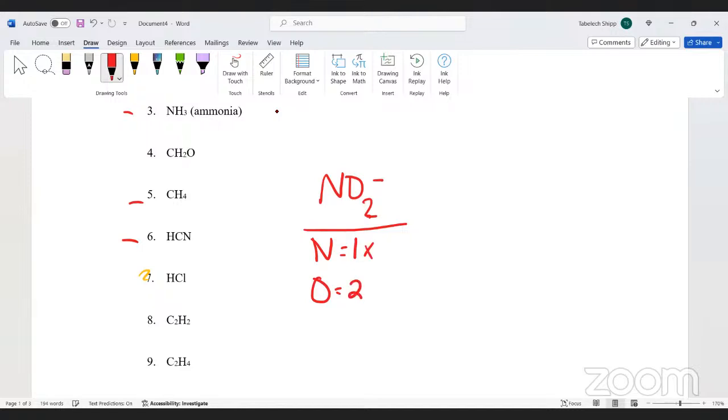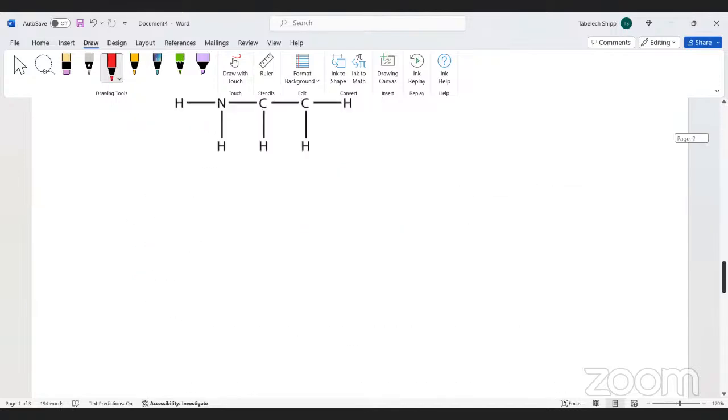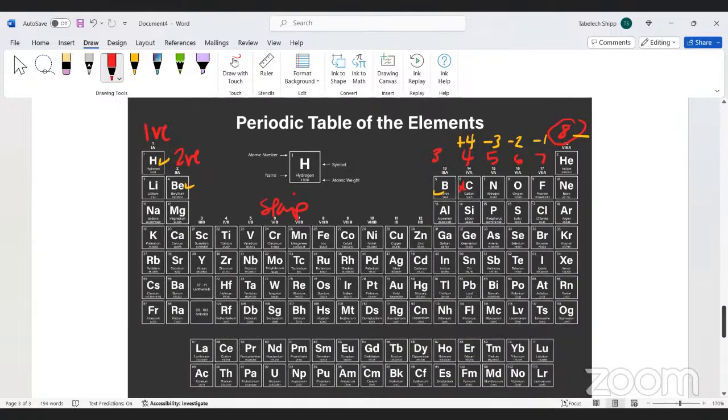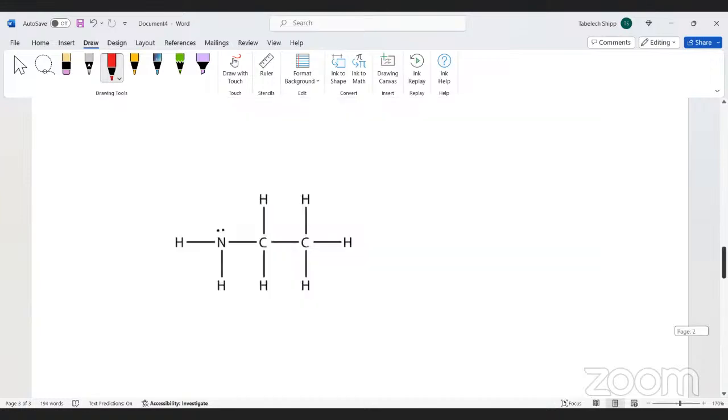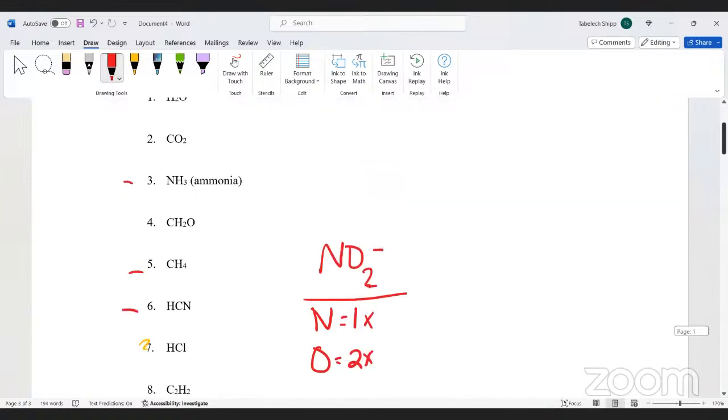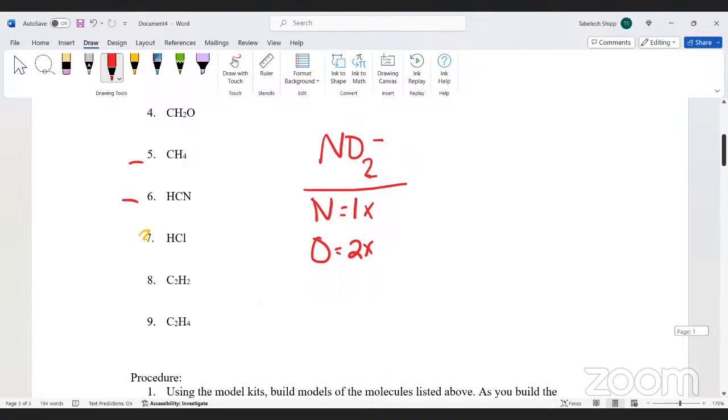Again, if I could pull my periodic table up, I would tell you guys to look at it. Just to recap, nitrogen is in group 15, and it has 5 valence electrons. Oxygen is in group 16, and it has 6 valence electrons. So we're going to use those numbers for this problem.